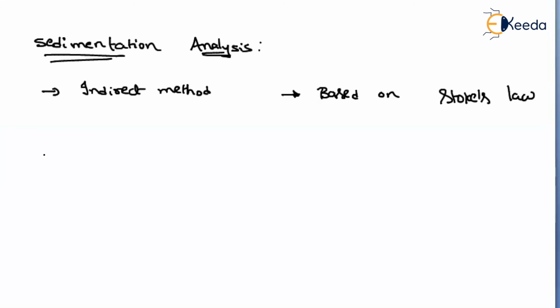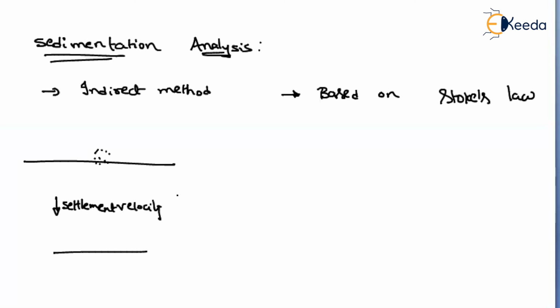Now, that means you will take still water and drop some soil particles, and then allow them to settle. Depending upon the size, they will take some time to settle down, or each particle will have some settlement velocity. Depending upon the settlement velocity and the time taken to settle down, we will find out the size of the particle.